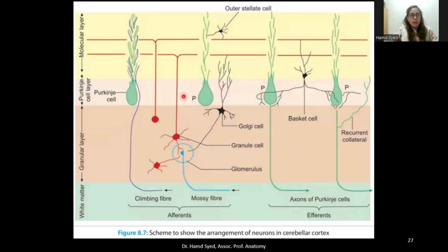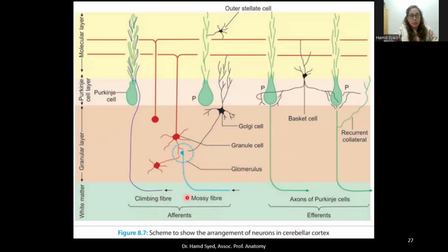So over here, let's look at these granule cells. Let's look at the dendrites of granule cells. They are synapsing with the mossy fiber and also with the axon of the Golgi cells, which are present in the granule cell layer. And this collectively forms a structure which is known as the glomerulus.